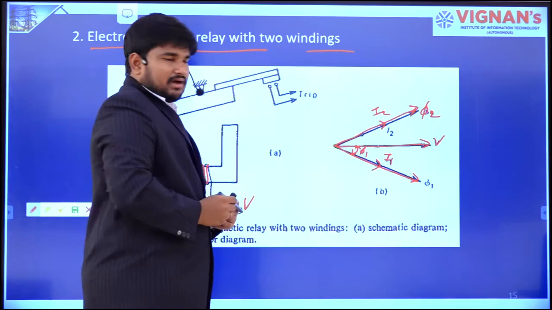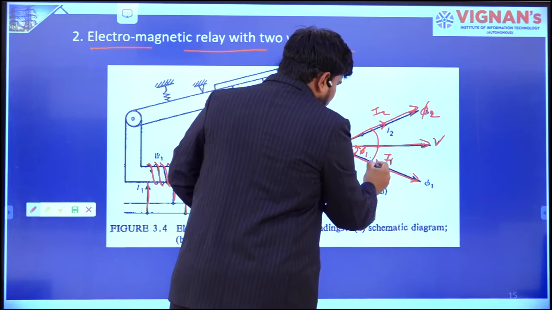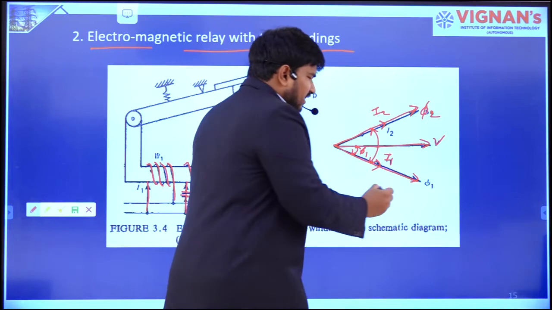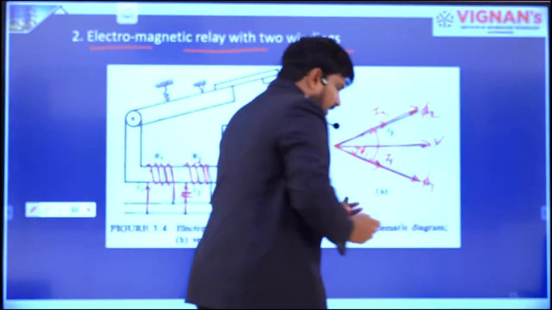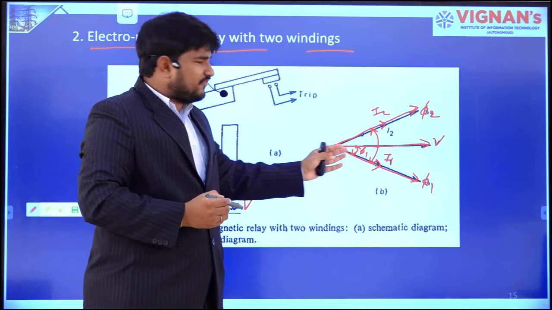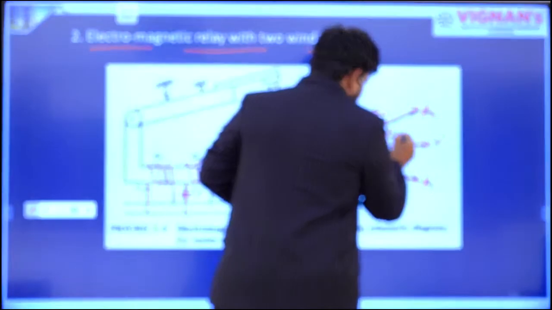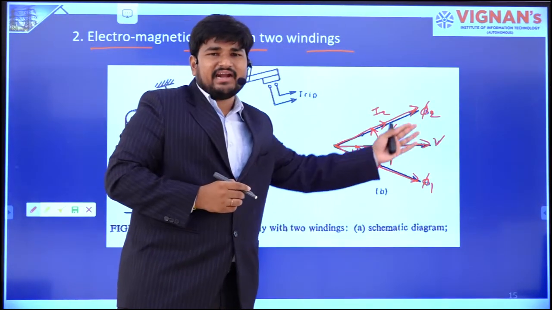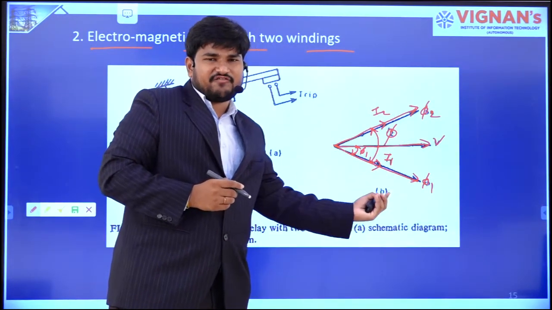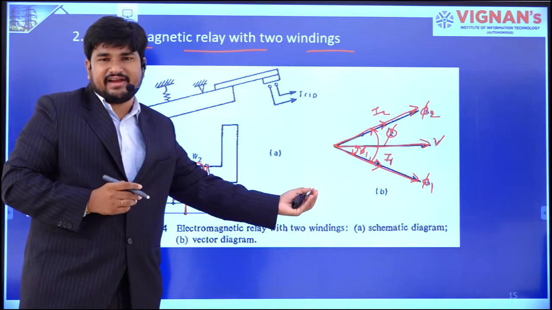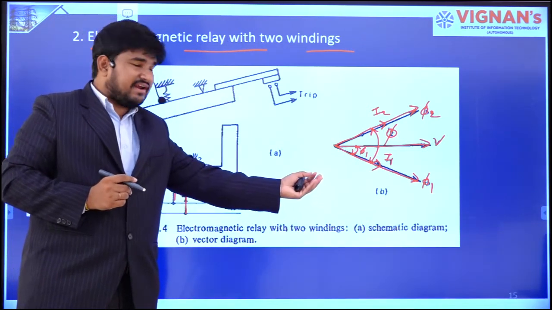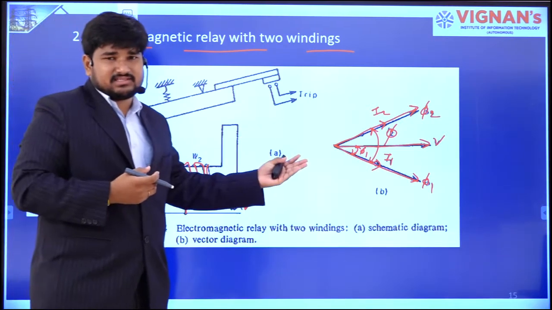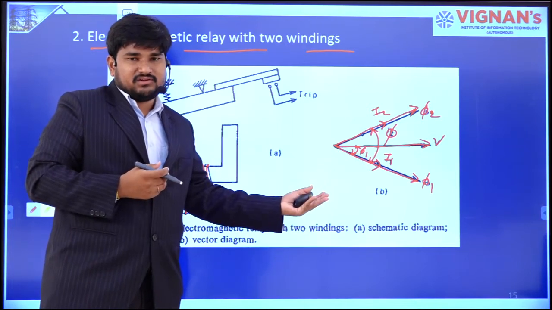So the resultant fluxes, that means phi 1 and phi 2, will have a phase difference of some phi, right? I1 and I2 are displaced with a phase difference of phi. Because of this phase difference, we will get a continuous flux, avoiding the doubling effect.